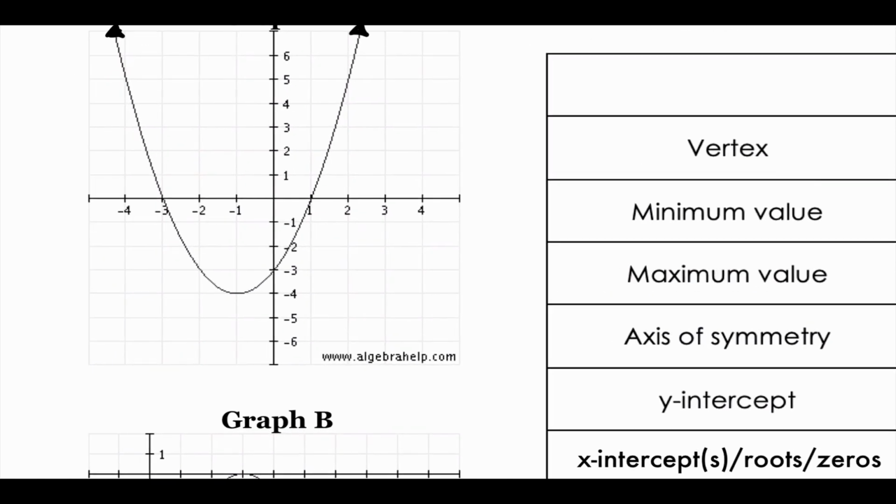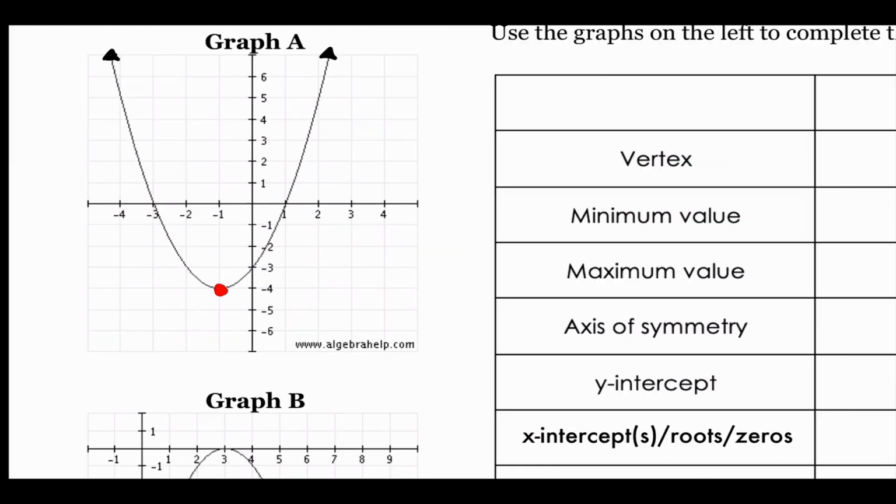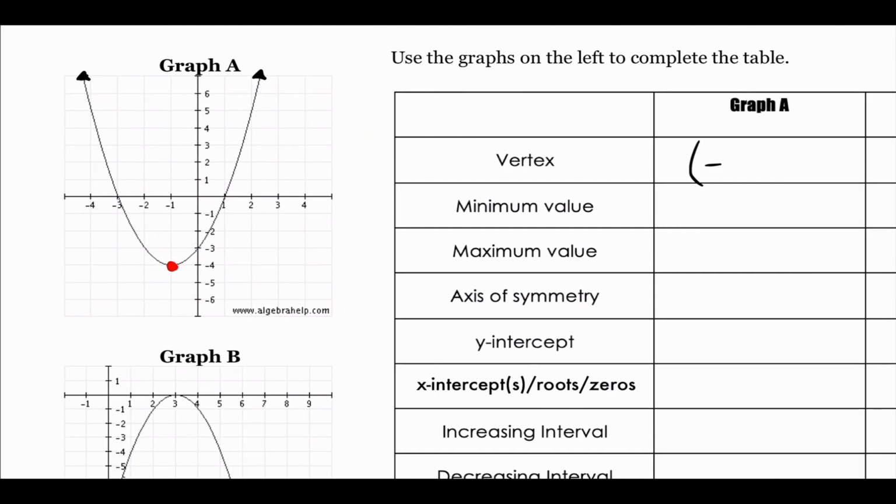It is right here, right? So if I was to tell you where that dot was, what are the coordinates? -1, -4. -1, comma, -4. That would be the vertex. That's where the very bottom of the graph is located.